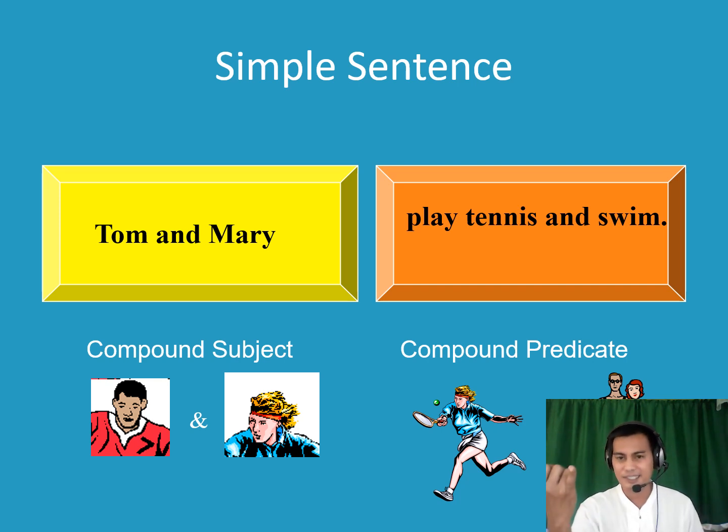They play tennis, and after that they swim. Two actions now, two verbs. So two actors, Tom and Mary, then two actions, two verbs, two predicates, compound predicate. So you have compound subject and of course compound predicate. That's still a simple sentence.